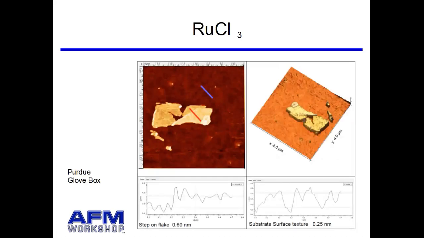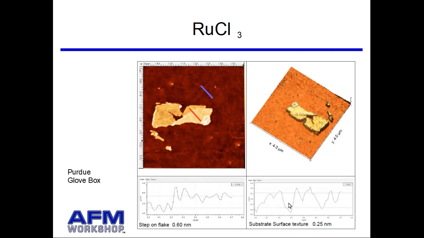This was done for Purdue University in a glove box, and this was ruthenium trichloride. Again, right here, you can see this single step is about 600 picometers. It's right here on this edge. This is a line profile across this feature, and this is a line profile on the substrate.